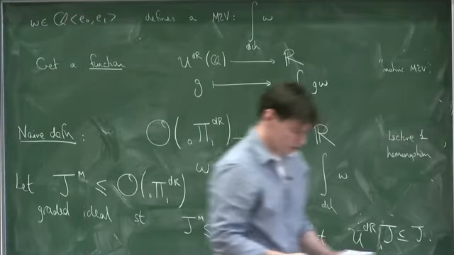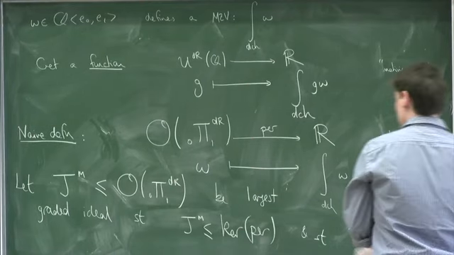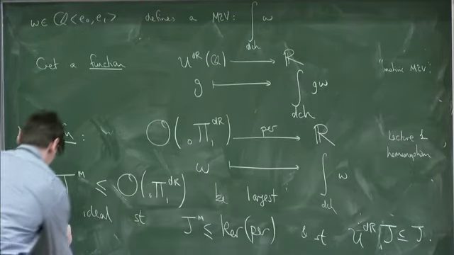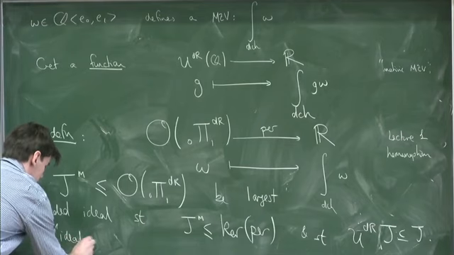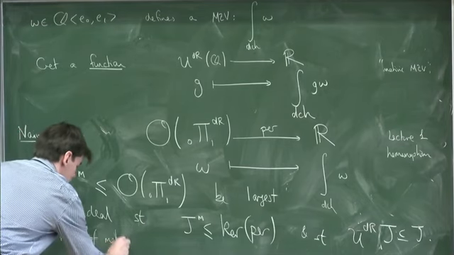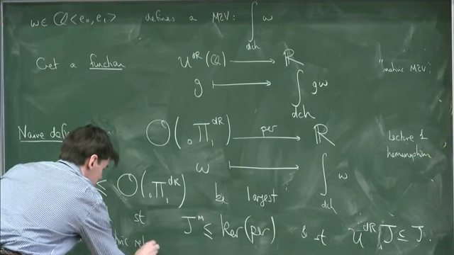So what does that mean? I want to think of this as the ideal of motivic relations.